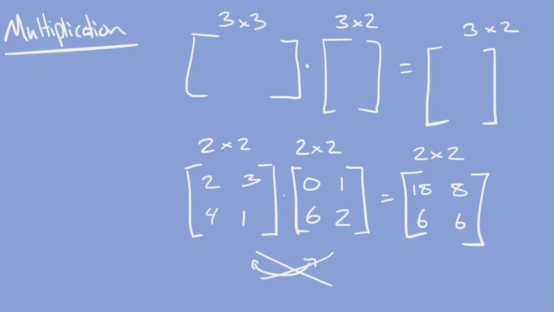I'm not going to show it in this video, but if you have a set of practice problems, I am sure that one of them will display this in some way, where they'll have you solve it in one order and swap it, and then you'll see that you get a different answer, which isn't like you think it would be, just because we're so used to integer multiplication, like 5 times 2 is 10, and 2 times 5 is still 10, but that is not the case for matrices.